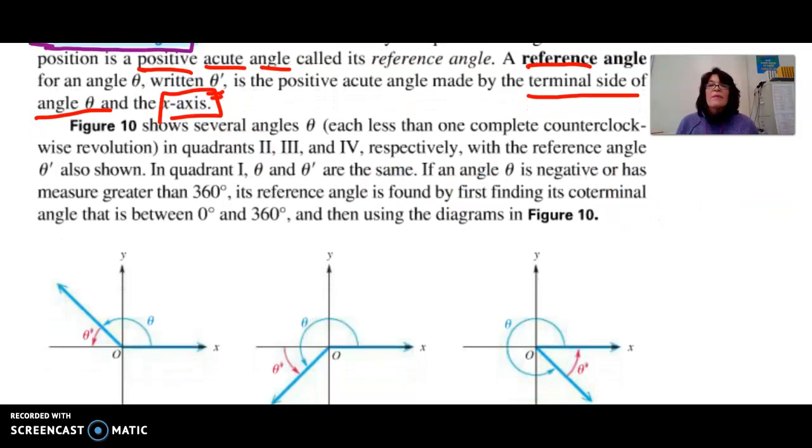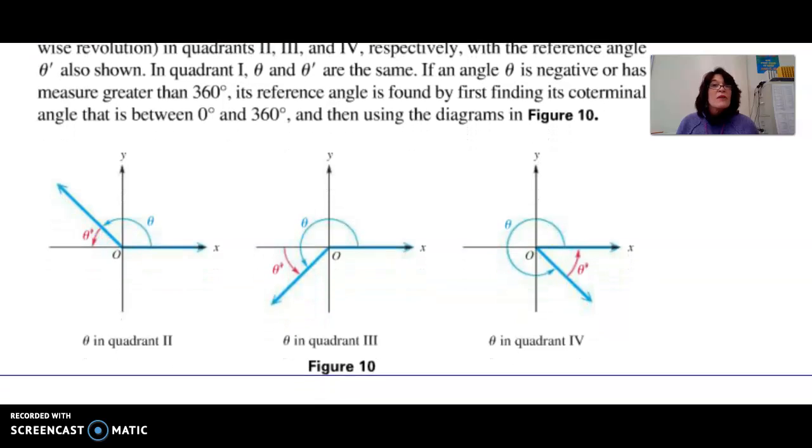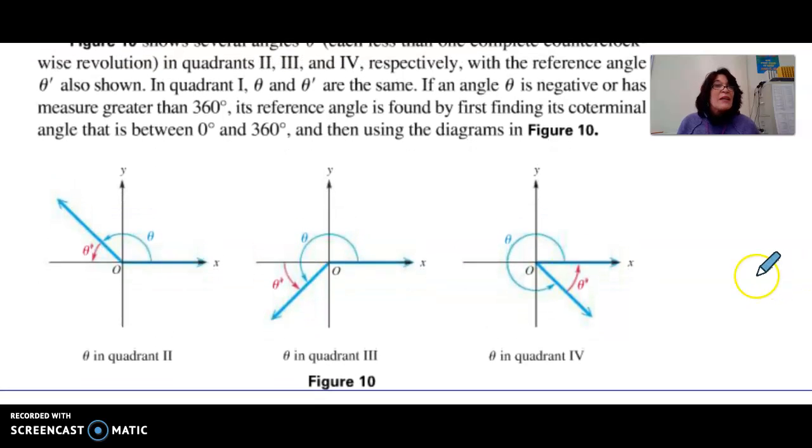Okay? If I'm in quadrant 1, I don't have a reference angle. It's just that angle. I don't have to refer to anything. I'm in quadrant 1, phew, I can see what angle I'm talking about. I know how to find the sine, cosine, tangent. If I'm in quadrant 2, okay, notice the blue angle, that's theta.